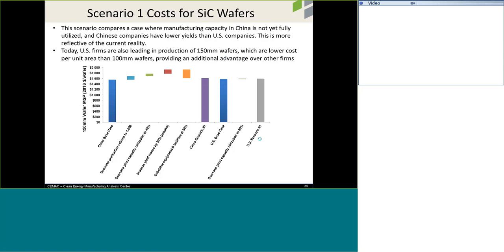You increase your yield loss because we've heard that the U.S. has the highest quality and the highest yields. However, when you offset that by subsidizing the equipment and facilities at 50%, you basically come out about at par with what the U.S. is likely when you decrease our plant capacity utilization to 80%. However, the U.S. firms are leading in production of 150 millimeter wafers, which are lower cost per unit area than 100 millimeter wafers, so that does give an overall advantage.